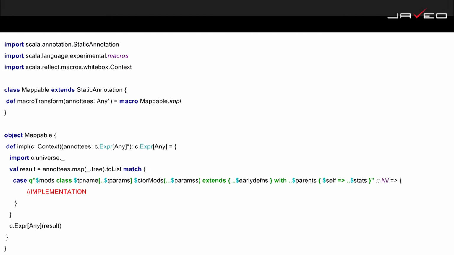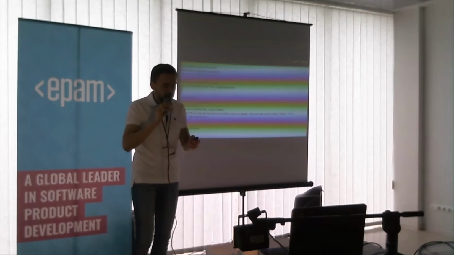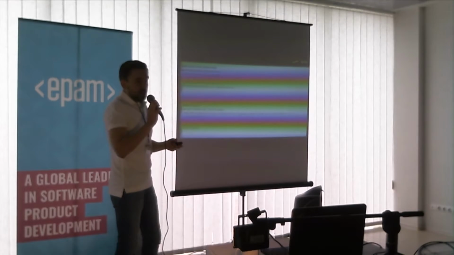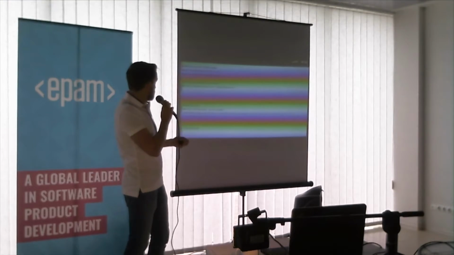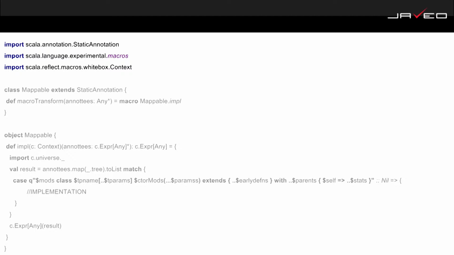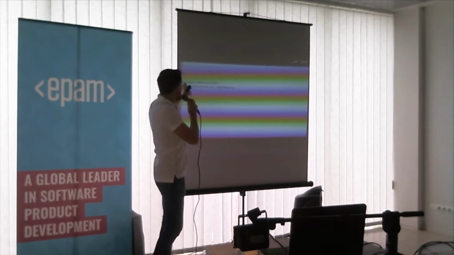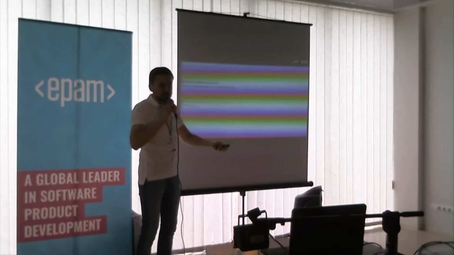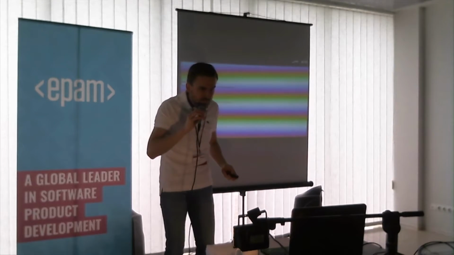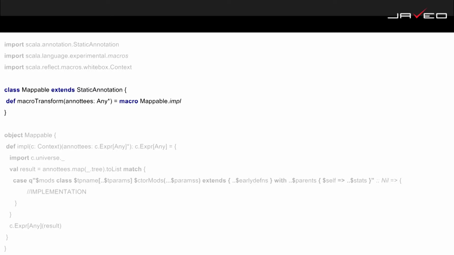It's very similar to previous examples, so I will preview it very quickly. The imports are the same as in the benchmark example, so nothing new here. We are implementing a class which extends StaticAnnotation. The class has the name mapable because our annotation is called mapable. So it's almost the same as the benchmark example.